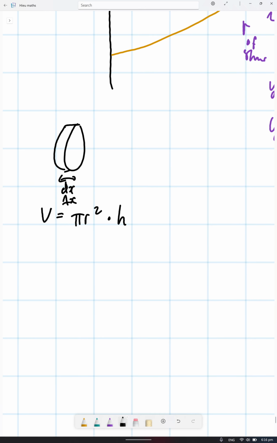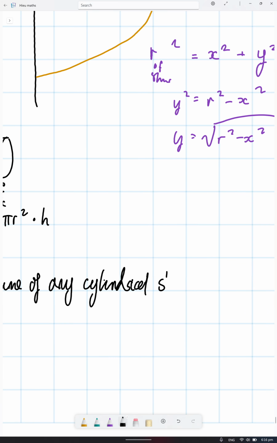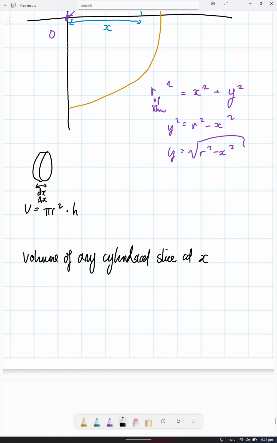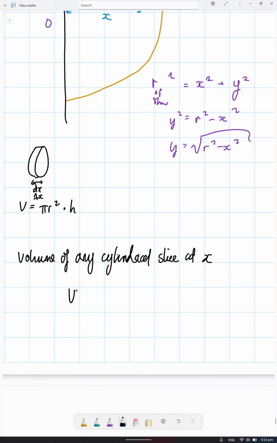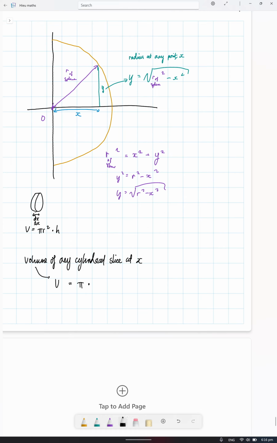Okay, so now we write the volume of any cylindrical slice at x, right? The volume of any cylindrical slice at x is equal to pi multiplied by the radius at point x, which is this one.